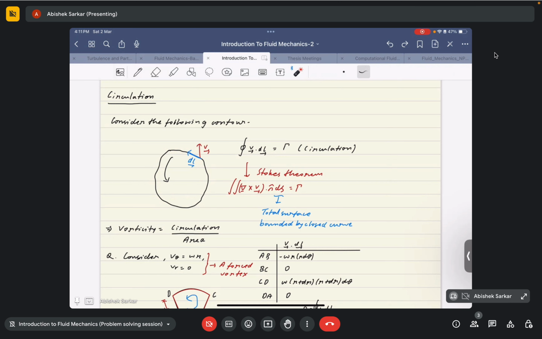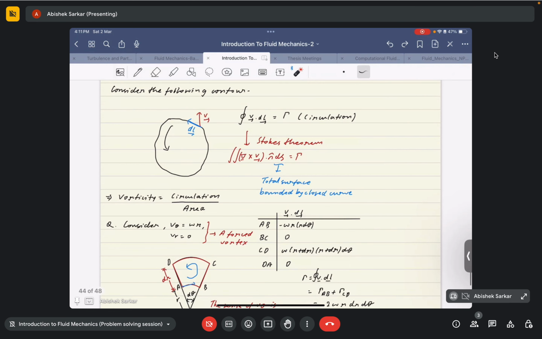So you can clearly see how the very definition of circulation has the concept of vorticity embedded in it. If the vorticity of the flow field is 0, the net circulation will also be equal to 0. What I am trying to say is, if the curl of the velocity field is equal to 0, it essentially means that the circulation of the flow field is also 0.